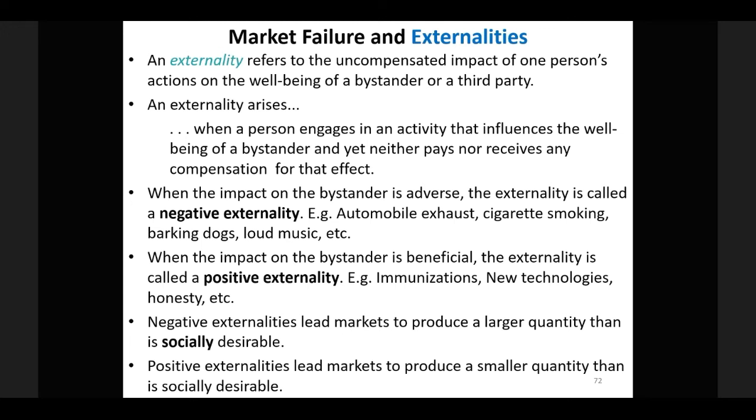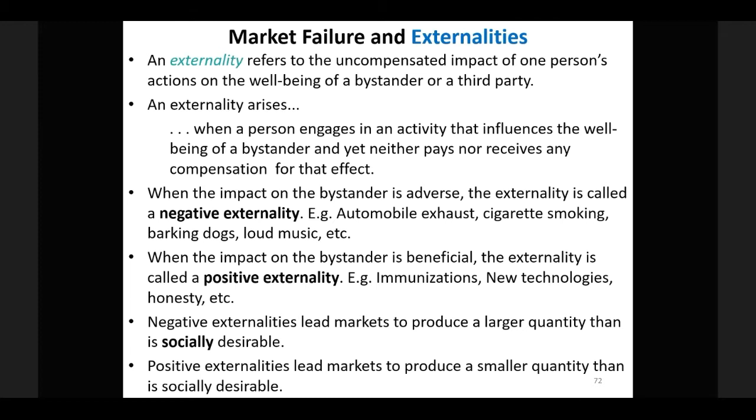In that situation, we say that there is an externality. When the impact on the bystander is adverse, it's bad, it doesn't help the bystander, we say we have negative externality. For instance, automobiles happen to emit exhaust.